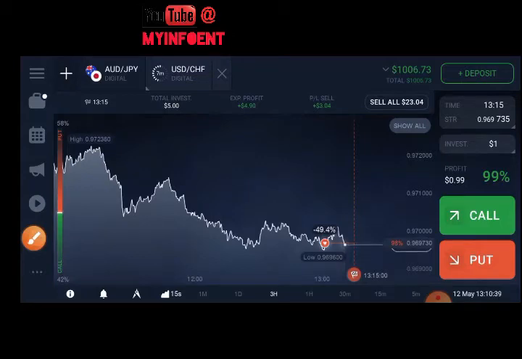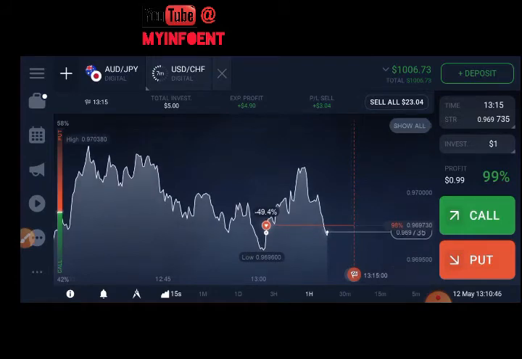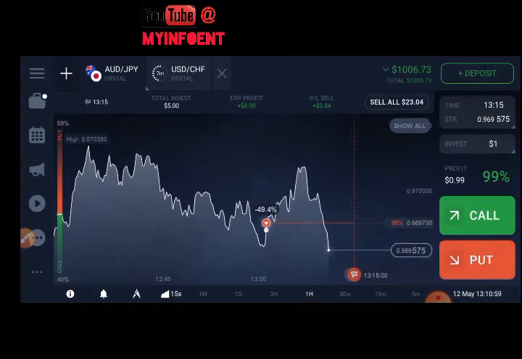So this 13:10, you minus 13:10 from 13:15, that's 5 minutes left. So even if the market is on this resistance point, once it's remaining 5 minutes for it to reach expiration time, please wait for another section to start before you trade. Do you understand? So that is the secret.